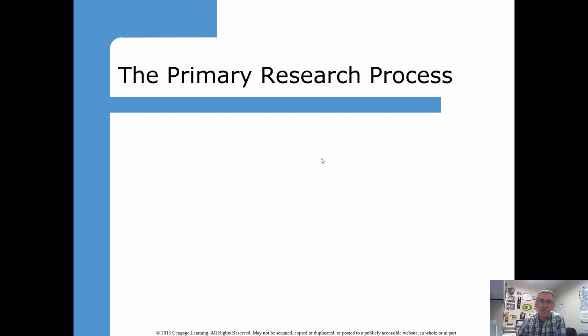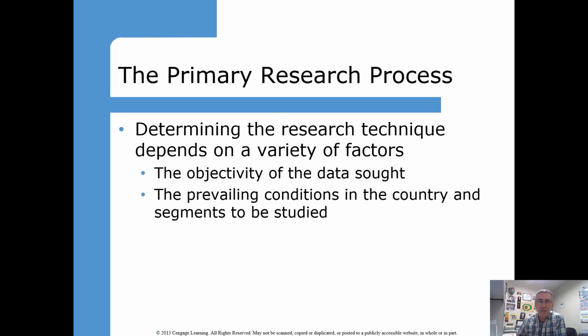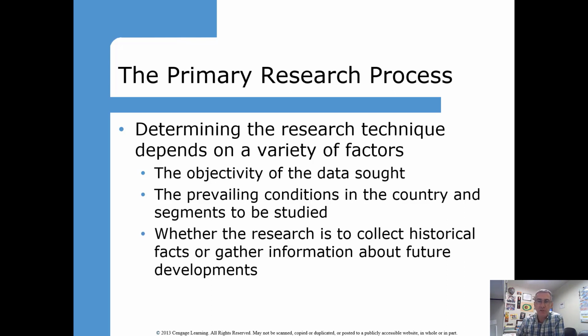I just said that. The primary research, again, determining the research technique depends on different factors. There's the objectivity of the data that you're seeking, the prevailing conditions in the country and segments to be studied, and whether the research is to collect historical facts, or you're gathering information about future development. What does that mean? Say this is a kind of soda, and people have drunk soda before, and you're trying to understand what the demand is for soda.